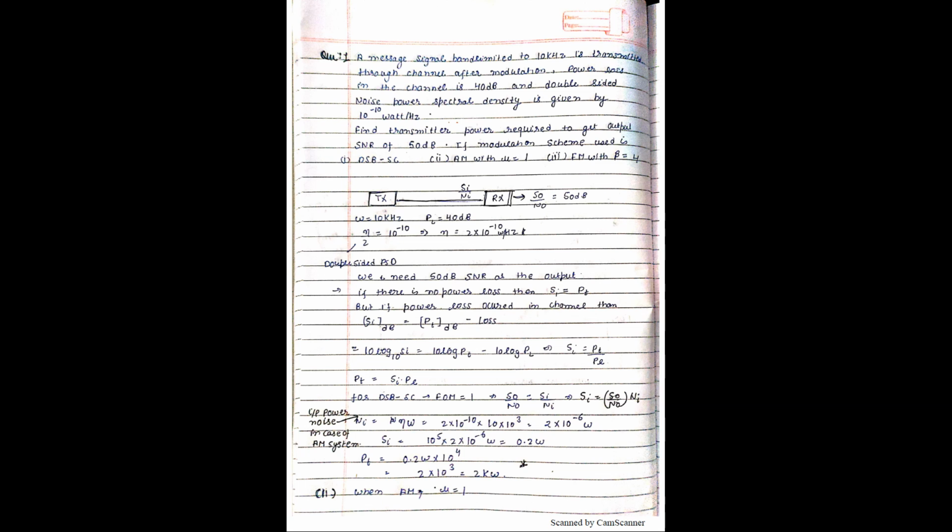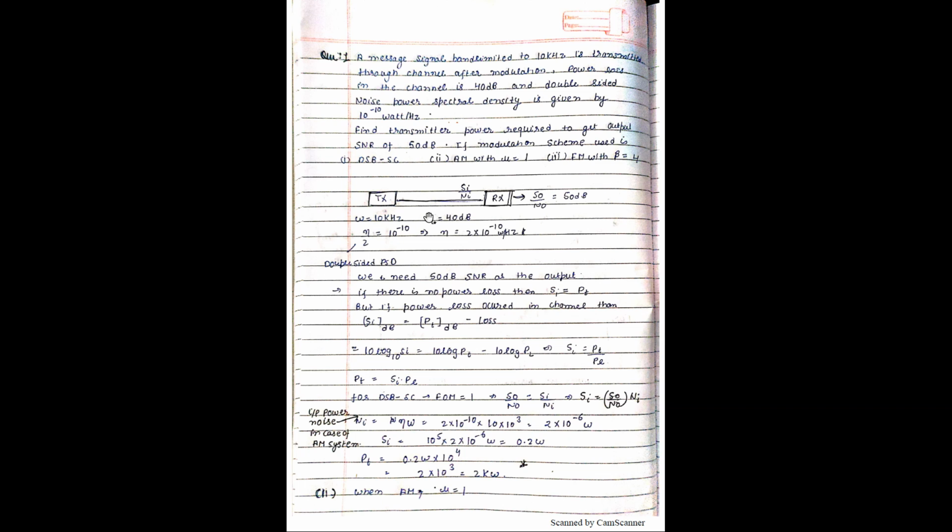In all the previous lectures we have used W as the message band limited frequency. So W is 10 kilohertz. The power loss in the channel is 40 dB, and the double-sided noise power spectral density is given as 10 to the power minus 10 watt per hertz.